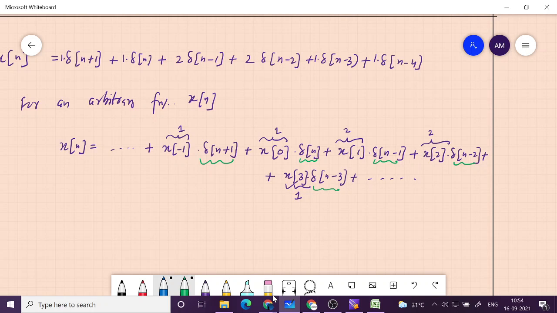Okay, so we are writing a function as the sum of many functions, and all the functions are what? They are impulse functions which are shifted by different units, and each of them is multiplied by a factor which depends upon the value taken by the original function.